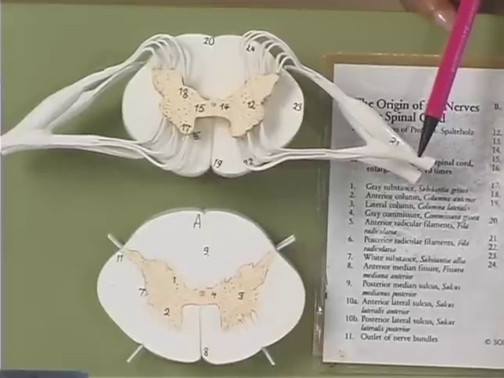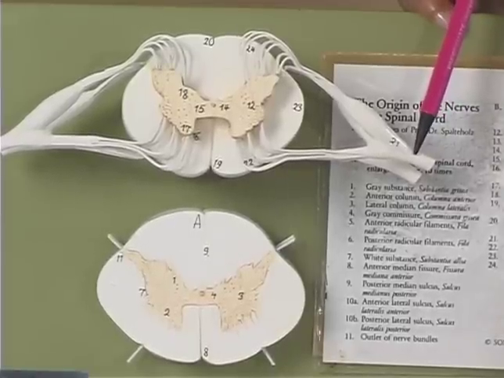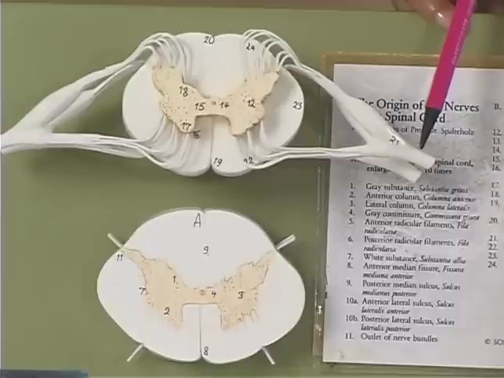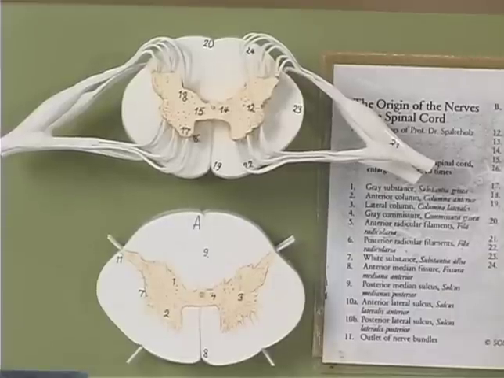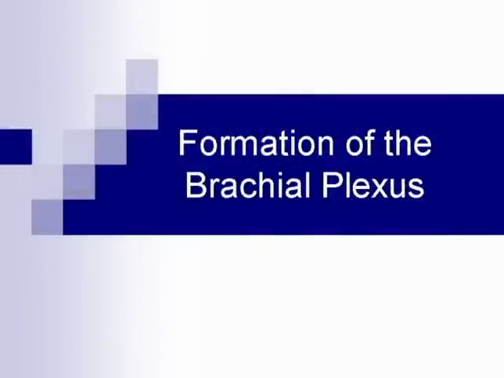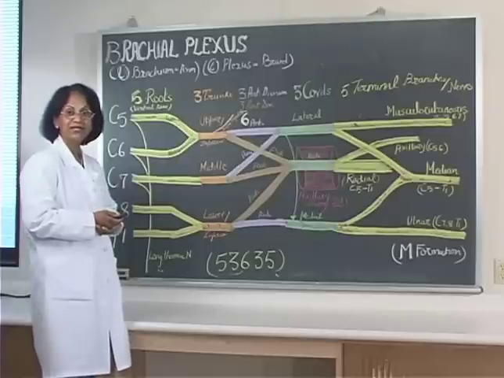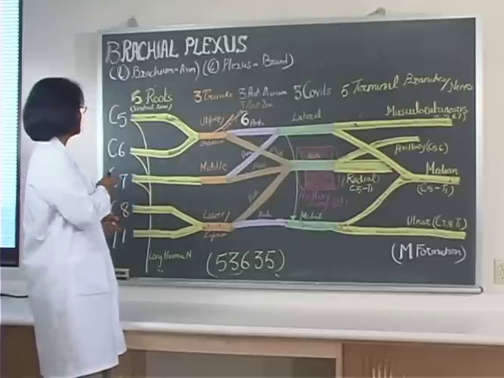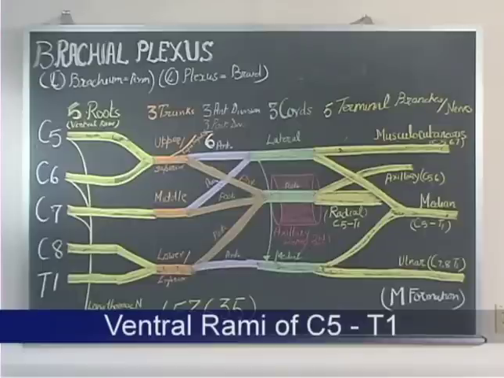The spinal nerve exits through the intervertebral foramen. The brachial plexus is formed by the ventral rami of C5, 6, 7, 8 and T1.